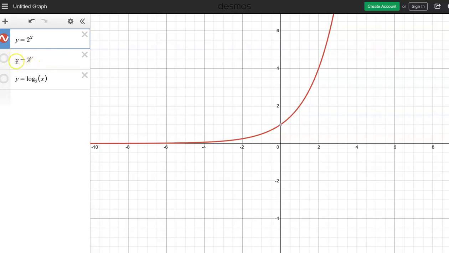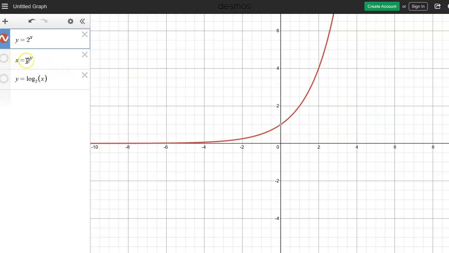That means every coordinate on the original exponential function will have its x and y values interchanged. So if this was (0, 1), the inverse graph goes through the point (1, 0). This coordinate here was (2, 4), so for sure (4, 2) will be on the graph of the inverse.